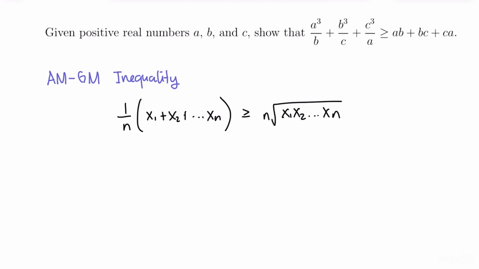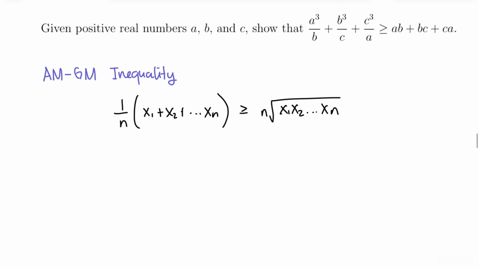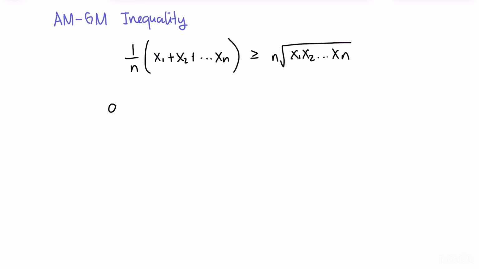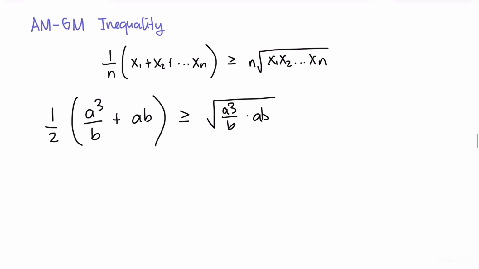So what I'm going to do is use the first term only, a cubed over b, and add it to ab. I'm going to take the arithmetic mean of this, so it's 1/2. So this is greater than or equal to the square root of their product, a cubed over b times ab, by the AM-GM inequality.